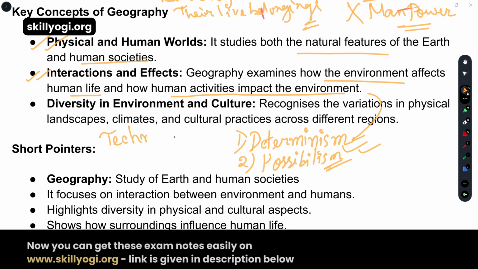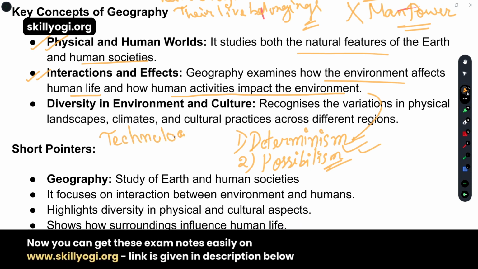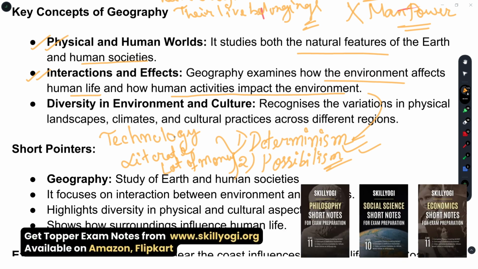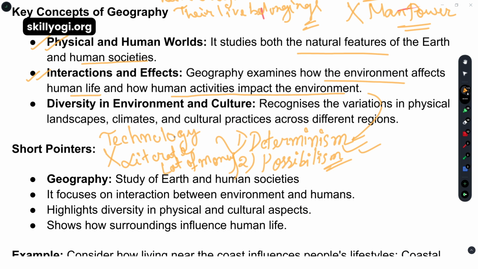They were not literate people. They didn't have a lot of money. Nothing they had. So that's why in the ancient period, people couldn't modify nature. Nature was giving them some opportunities that human beings had to agree with. That is called the deterministic approach or deterministic theory, determinism.